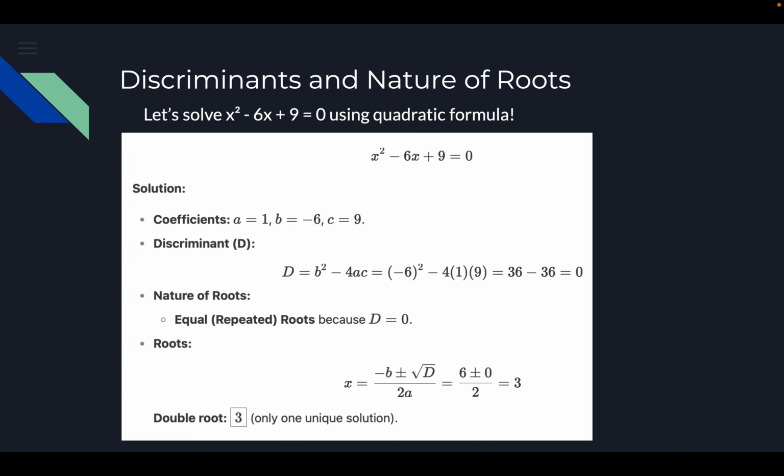Now we substitute the values. Minus of minus 6 is 6, because it is minus b. So 6 plus or minus 0 by 2, which means both the answers are 3. So 3 is the only unique solution for the equation x square minus 6x plus 9 equal to 0.